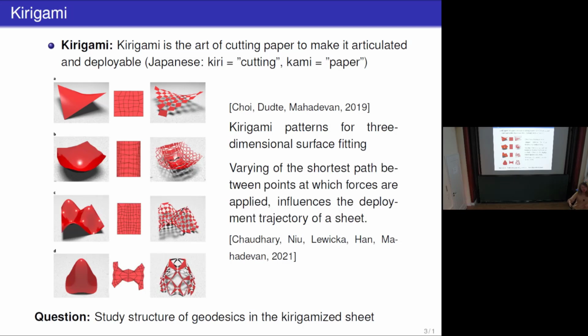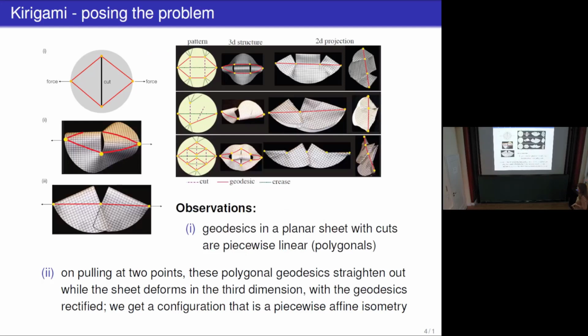So not only are we interested in the final discrete approximation of the original surface, but we also care about the trajectory: what kind of discrete surfaces you are obtaining along the way while you are pulling until you cannot pull anymore. So the structure of this shortest path is of essential importance here. We want to study the geodesics in Kirigamized sheets.